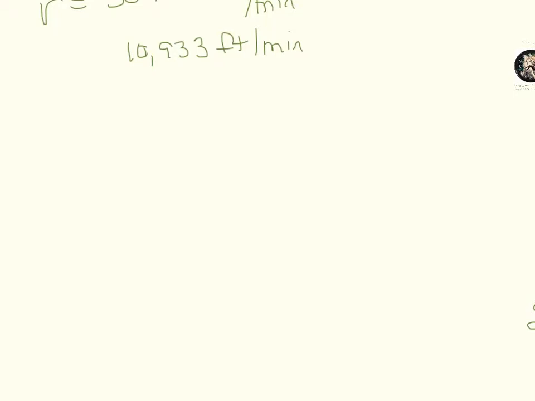It's terrible. So let's do another one similar. We have a circular blade on a saw, a circular saw, and the blade rotates at 2,400 revolutions per minute.